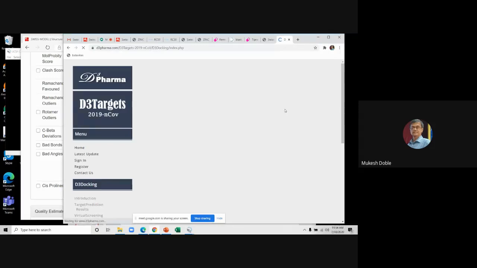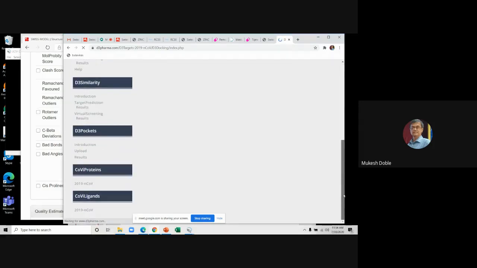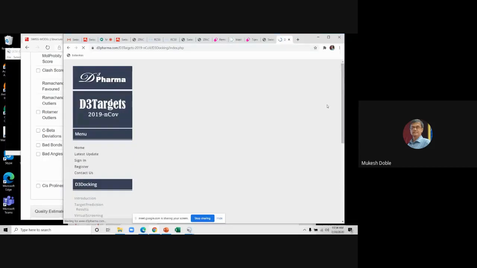It will take several hours. It's a very slow server. So based on the binding to various targets that are loaded as of now, it will arrange them in the order of highest binding energy to the lowest binding energy. It takes long.